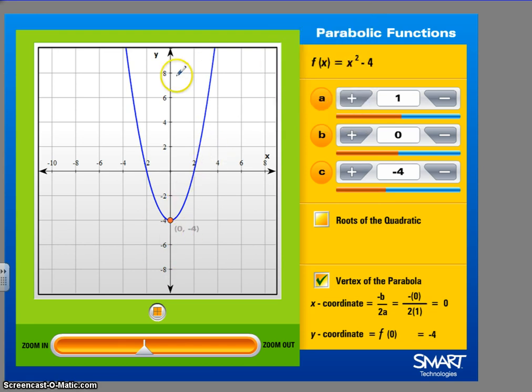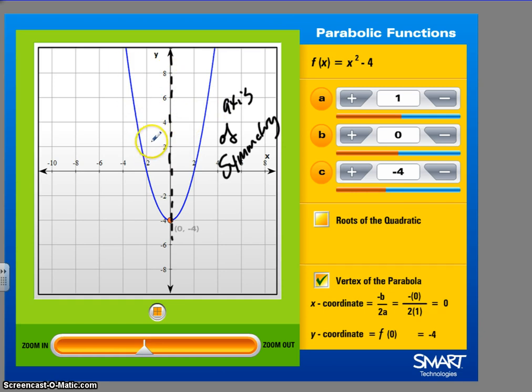Okay. Another thing we need to know about this: there is an imaginary line here. In this case, it happens to be the y-axis that splits the parabola in half. Okay, that is called the axis of symmetry. Okay, once we find this axis, we know that we have half the parabola on one side and half on the other.